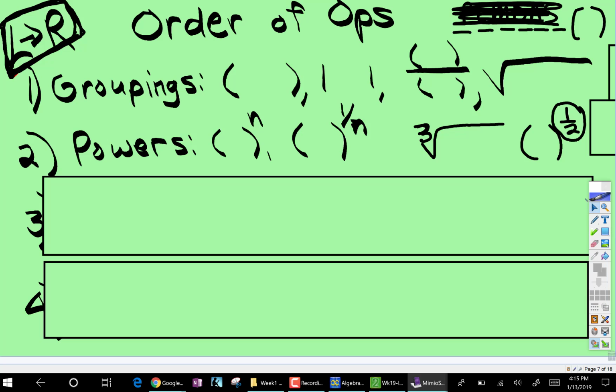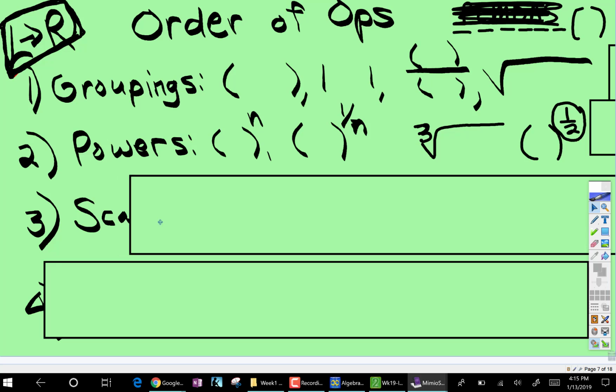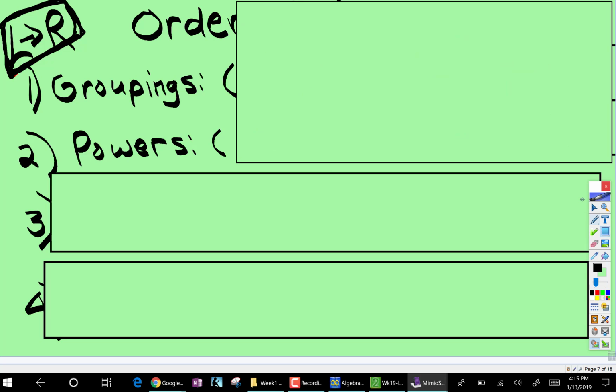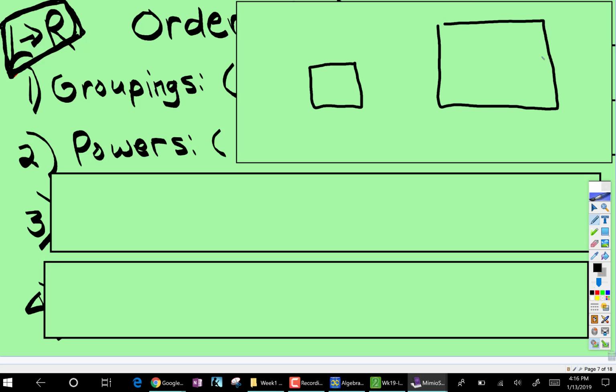All right. The third step, and again, this is as you read left to right, scaling. And what scaling means is, if you have a photo, right, and then you enlarge it, but you keep the same perspective, so this person's head doesn't look like this.